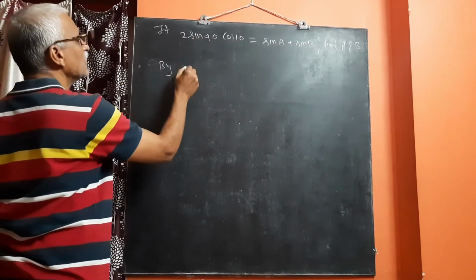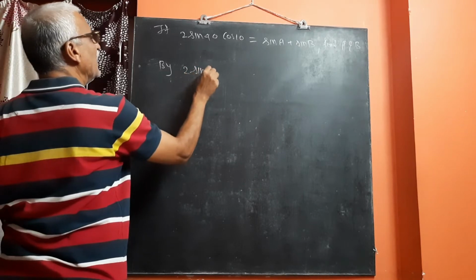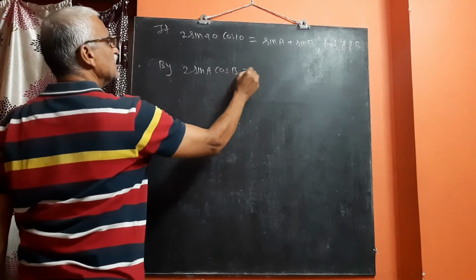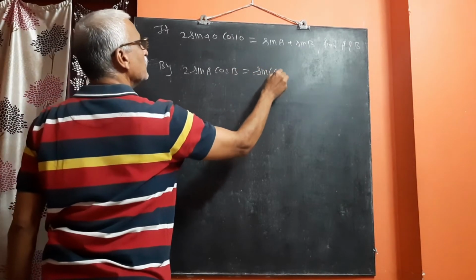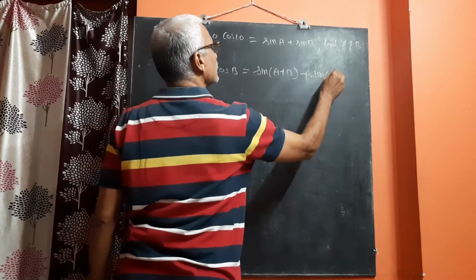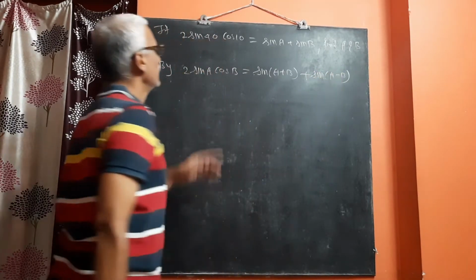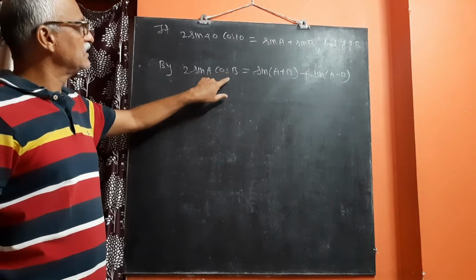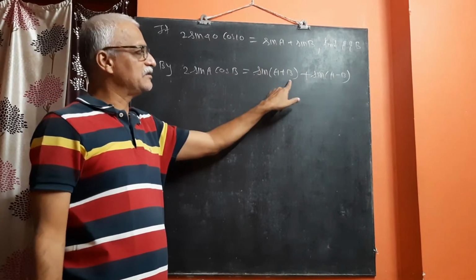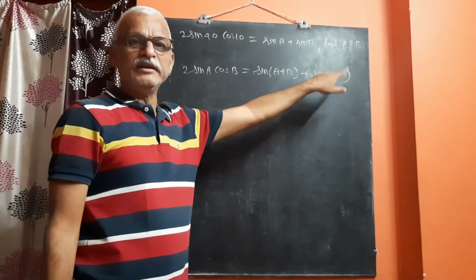We have the formula 2 sin A into cos B. The multiplication of sin and cos is the addition of sin, that means sin of A plus B plus sin of A minus B.